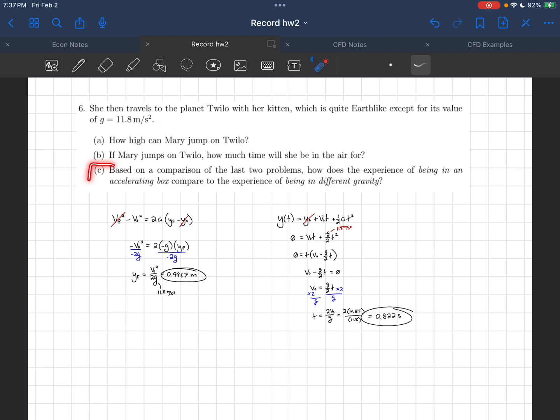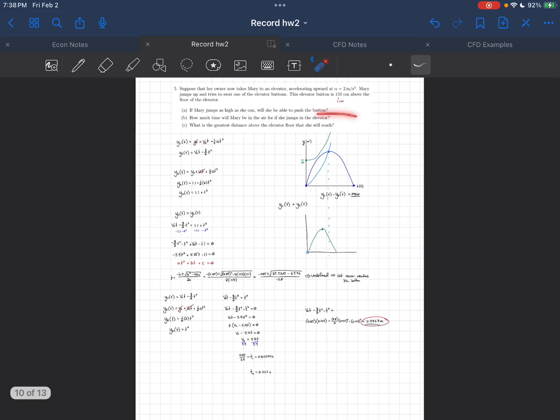Now, based on a comparison of the last two problems, which I've been hinting at a little bit, how does the experience of being in an accelerating box compare to the experience of being in different gravity? Well, we just saw it with the numbers, but I got the exact same values if she was in stronger gravity as if she was in an accelerating box.